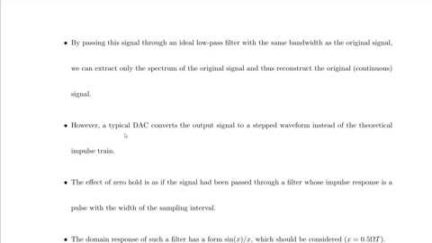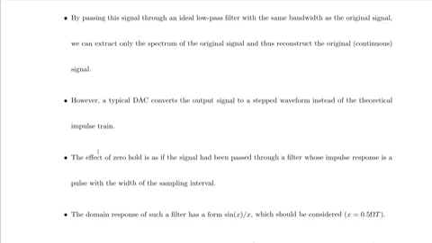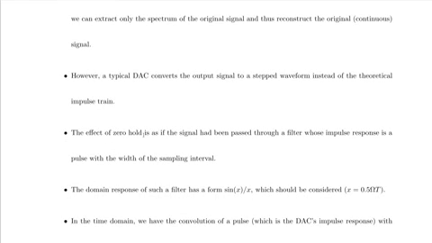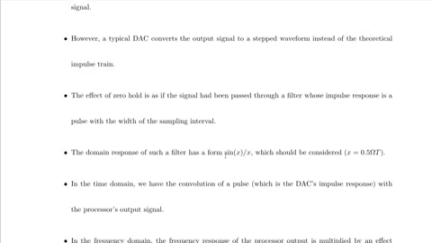However, a typical DAC converts the output signal to a stepped waveform instead of the theoretical impulse train. The effect of zero-order hold is as if the signal had been passed through a filter whose impulse response is a pulse with the width of the sampling interval.